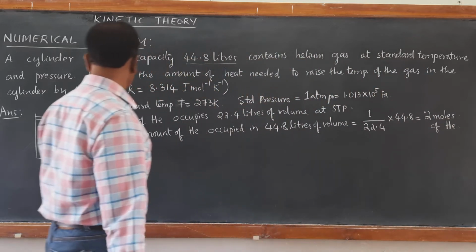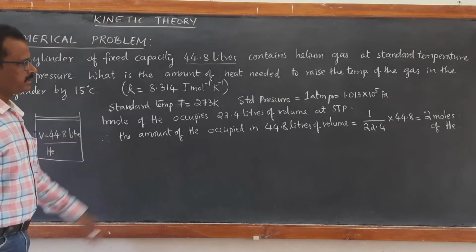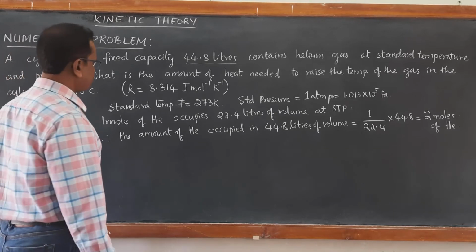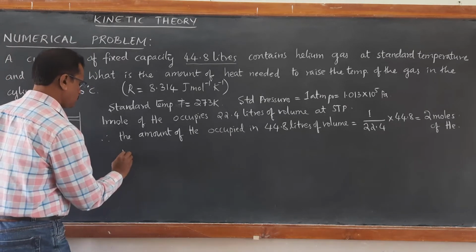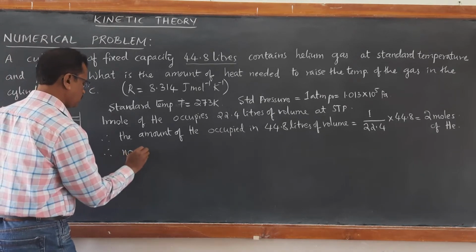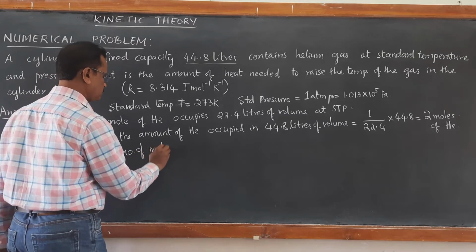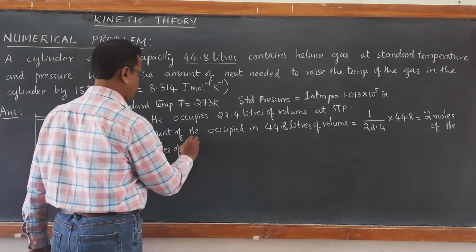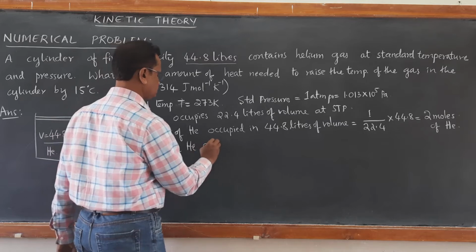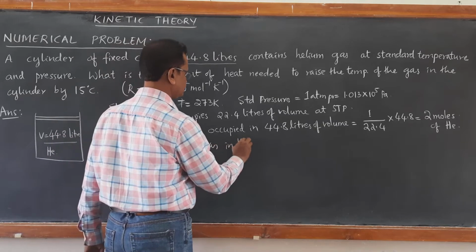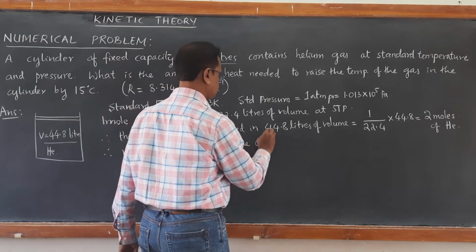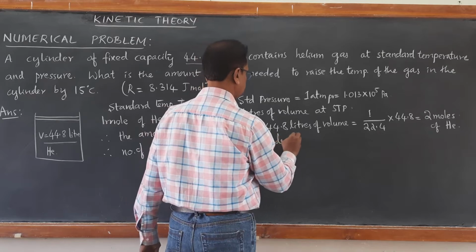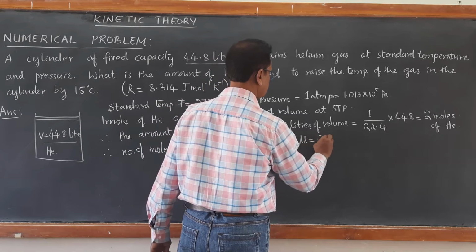So the amount of substance is found out now, 2 moles of helium. Therefore the number of moles of helium gas in the cylinder, mu, is equal to 2 moles.